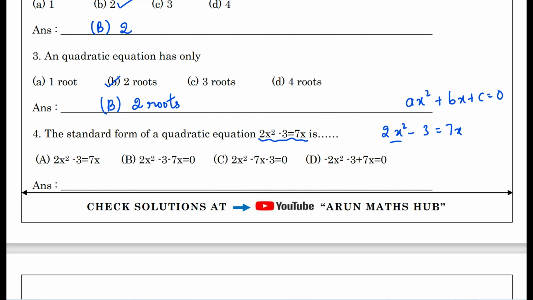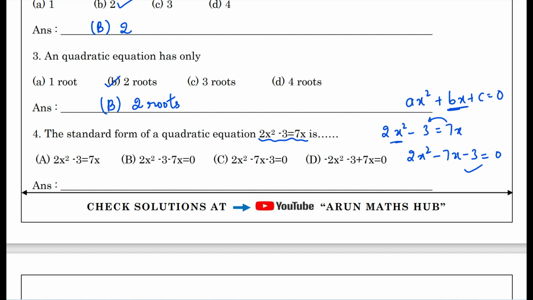No. First we should get the x square term, that is 2x square. It is correct. Next we should have what? X, right? Then what we should do? Shift this plus 7x to LHS, it becomes minus 7x. Minus 3 will be there as it is. It is in standard form.